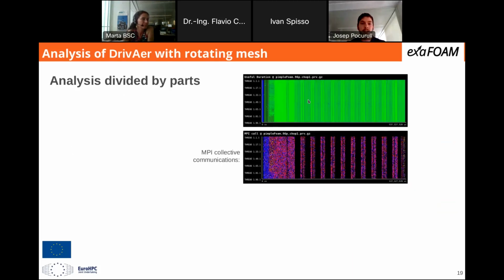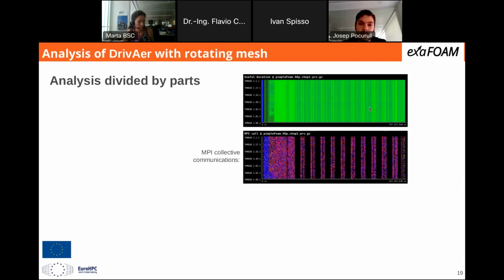Okay, so here we have one time step, the two views that we saw before, the one with useful duration and one with MPI calls. But now we are filtering the MPI calls to show only the collective communications. Why do we do that? Because sometimes what we want is to differentiate some parts of the execution.